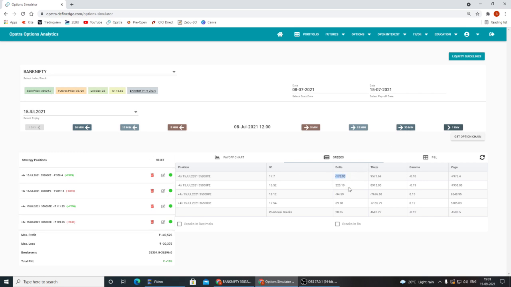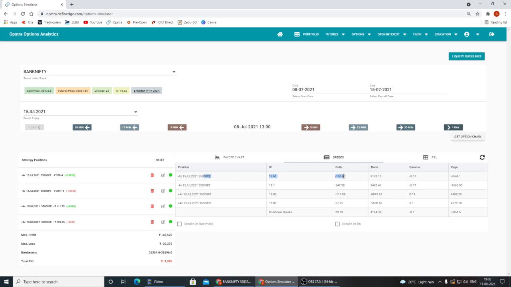What is the delta? 173 and 228. 35,500, 35,472. So what is the delta? 150 and 250. So we are going to start doing the adjustments.